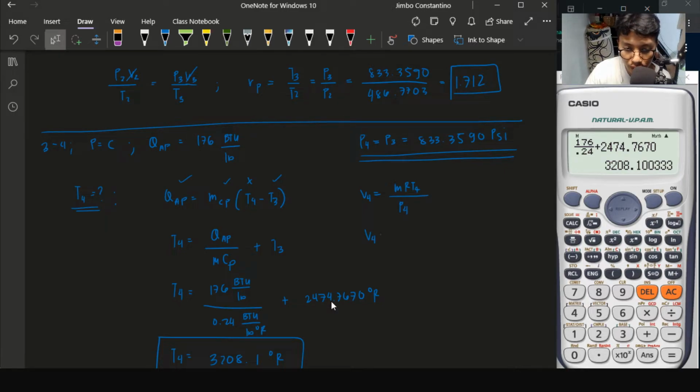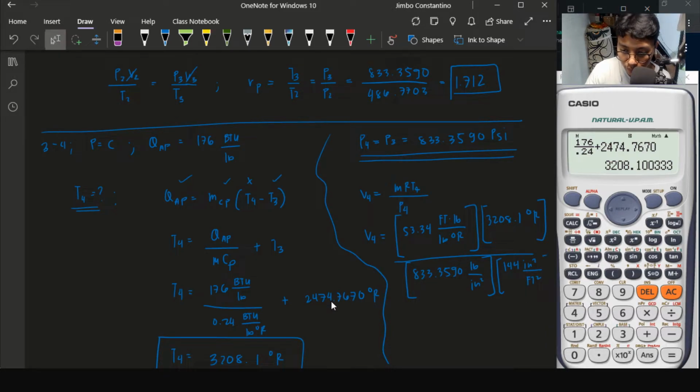So, V4 is equal to R, 53.34 foot pound per pound degree Rankine multiplied by T4. Our T4 is 3208.1 degrees Rankine. Divide by P4. P4 is 833.3590 pound per inch squared. Then multiply it with 144 again, 144 inch squared per feet squared.